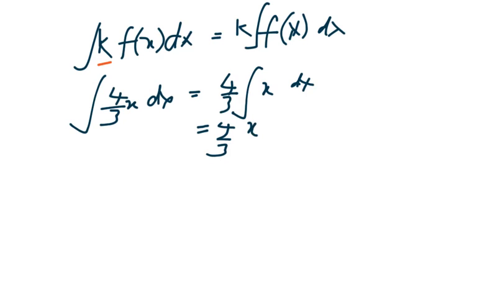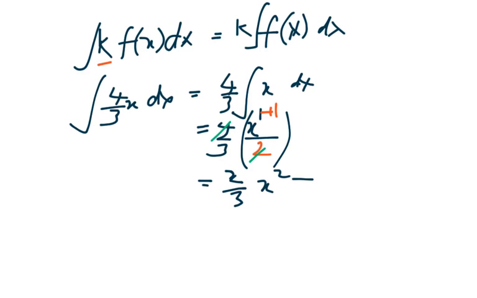Do as usual, x to the power of 1 plus 1, divided by the new power, which is 2. Simplify it with 4 and 2, so you will be able to get your final answer as 2 over 3 x to the power of 2 plus c.